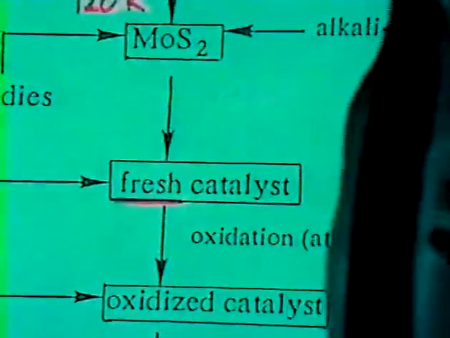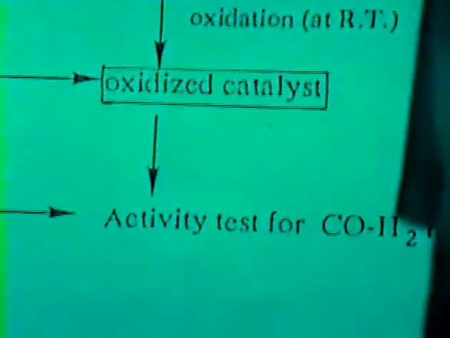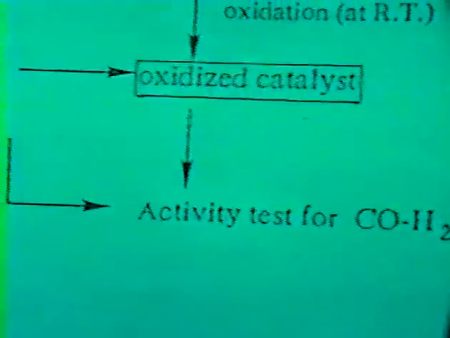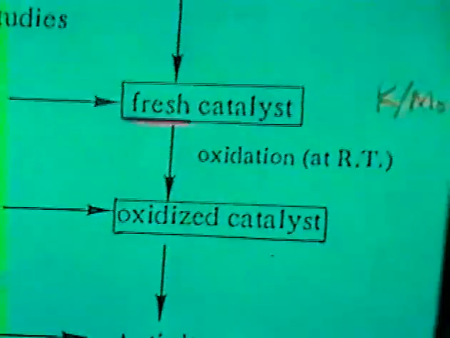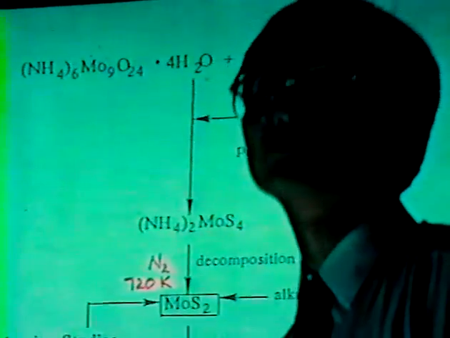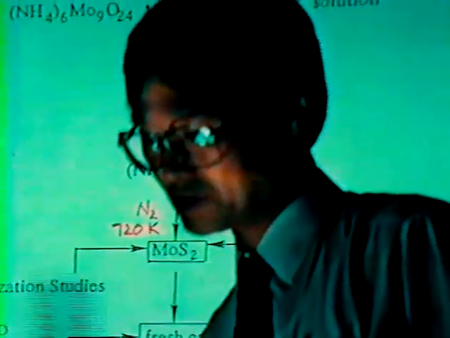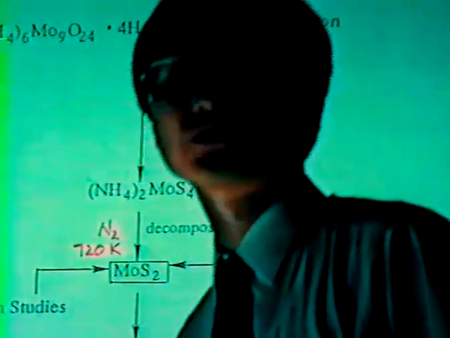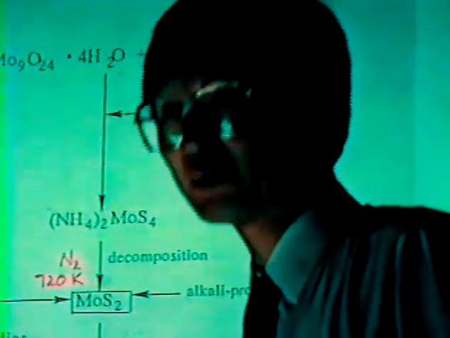Some of this catalyst was oxidized by exposing it to the atmosphere for an extended period of time. So the fresh catalyst in this presentation is the non-oxidized catalyst right after preparation, whether or not it is used for the reaction. This catalyst was tested for CO hydrogenation reaction and examined by a number of spectroscopy techniques.